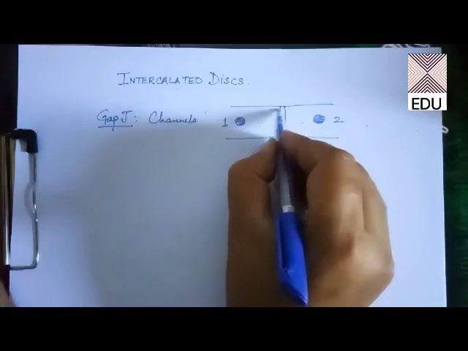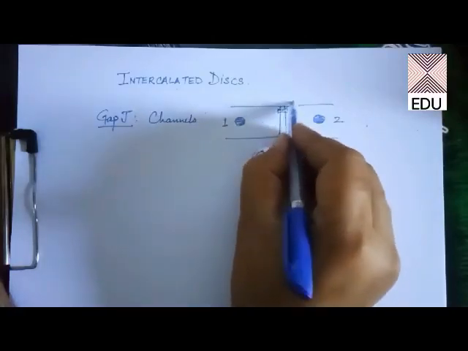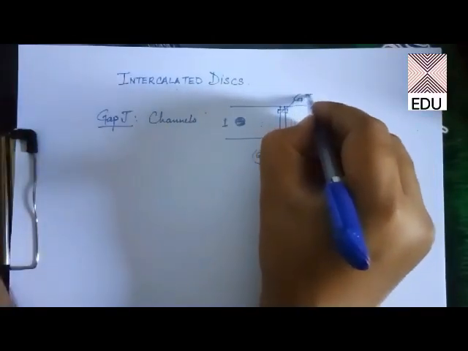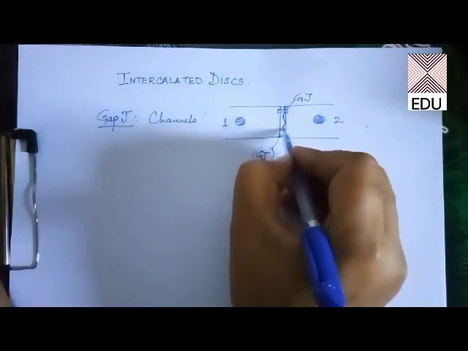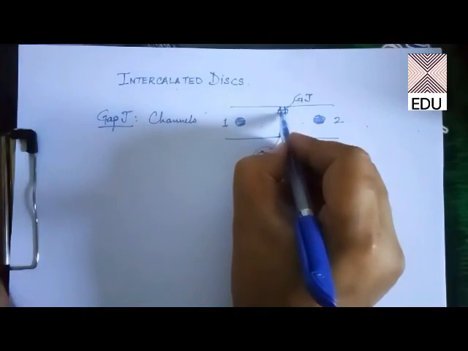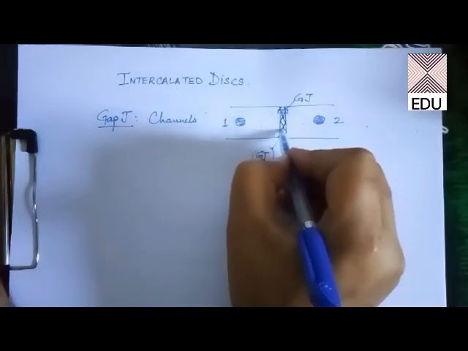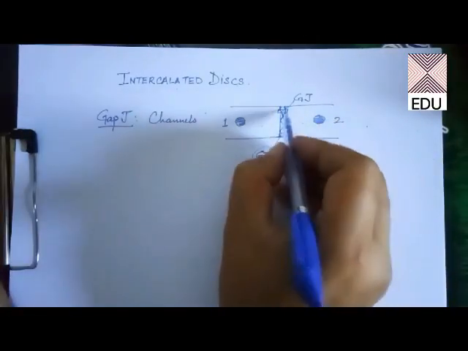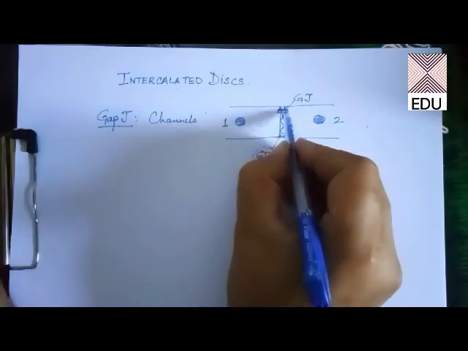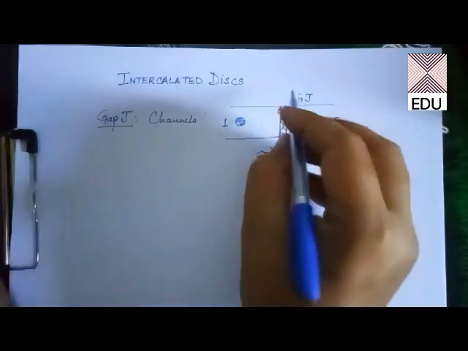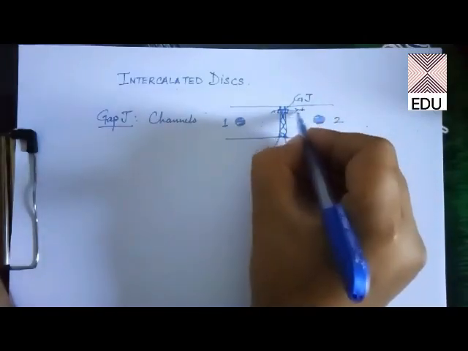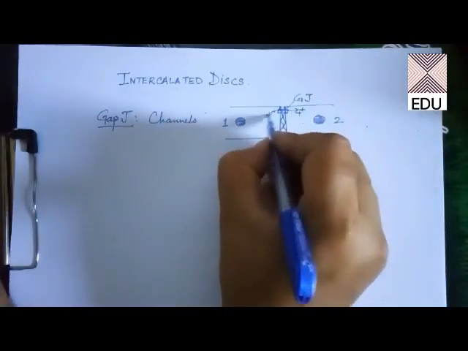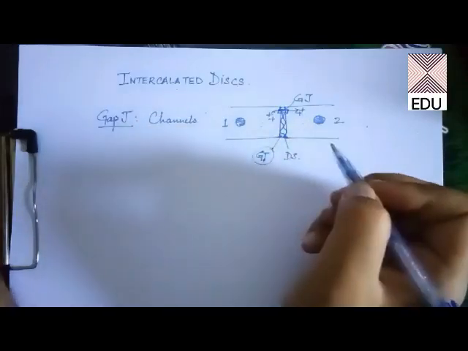Suppose this is a gap junction; it forms a channel which can conduct some cations, positively charged ions, from one cell to the other.